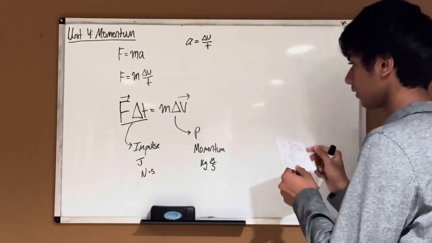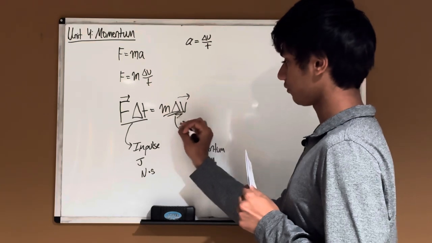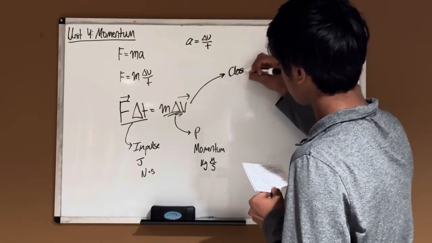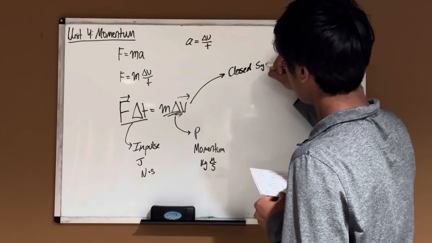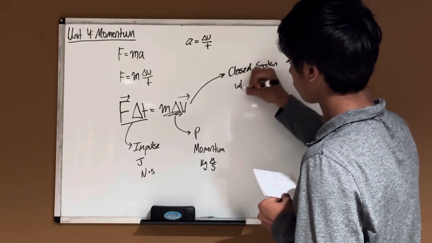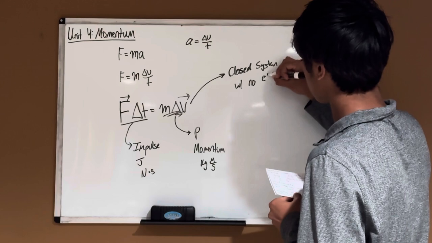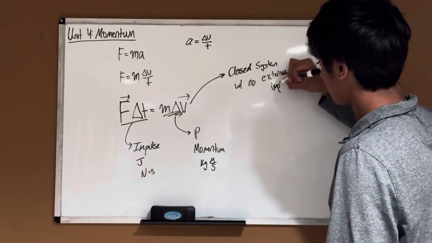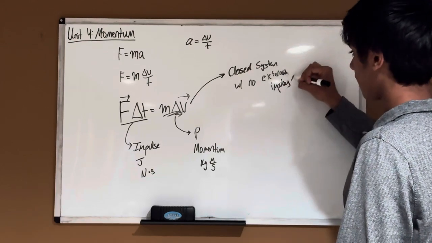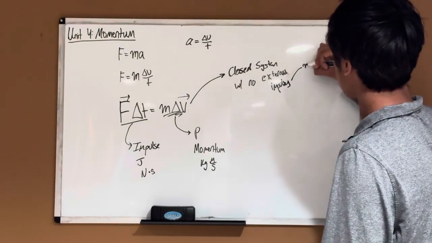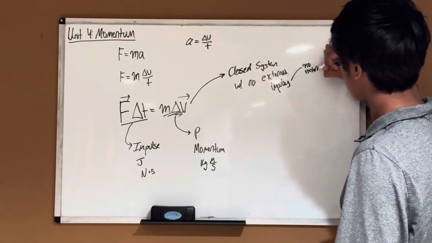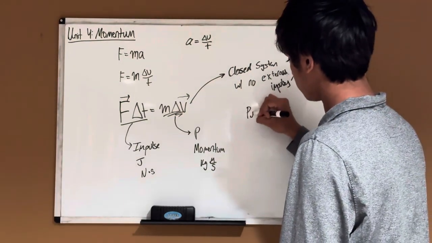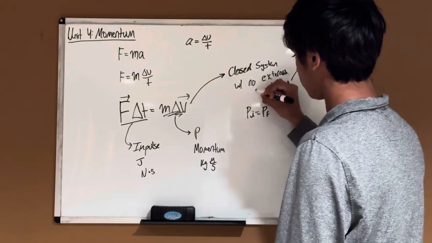Next, the conservation of momentum states that in a closed system with no external impulses, so no external impulses are acting on the system, i.e. there are no external forces, momentum is conserved, which means that the initial momentum equals the final momentum in this system.